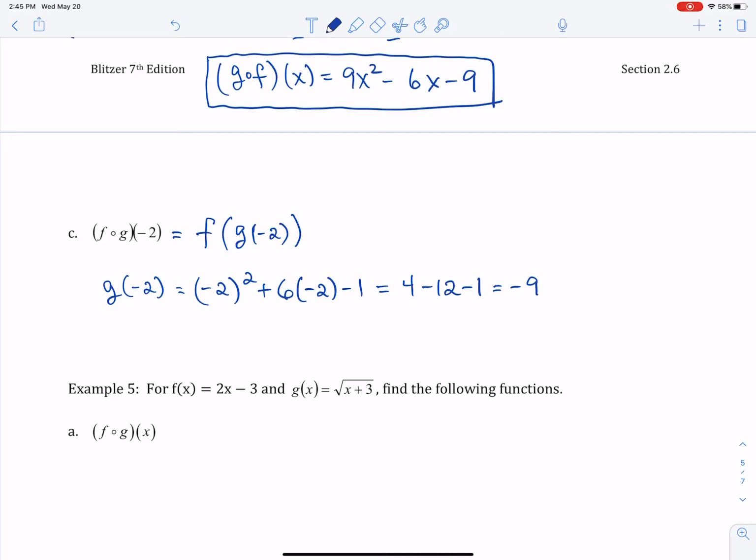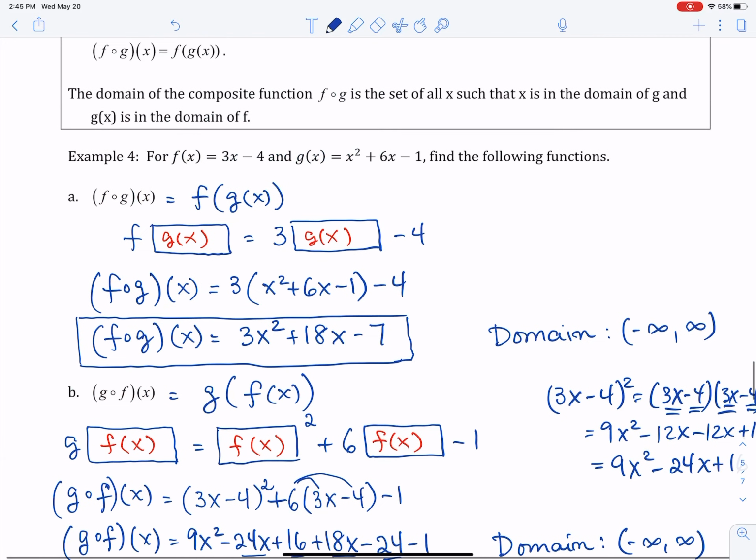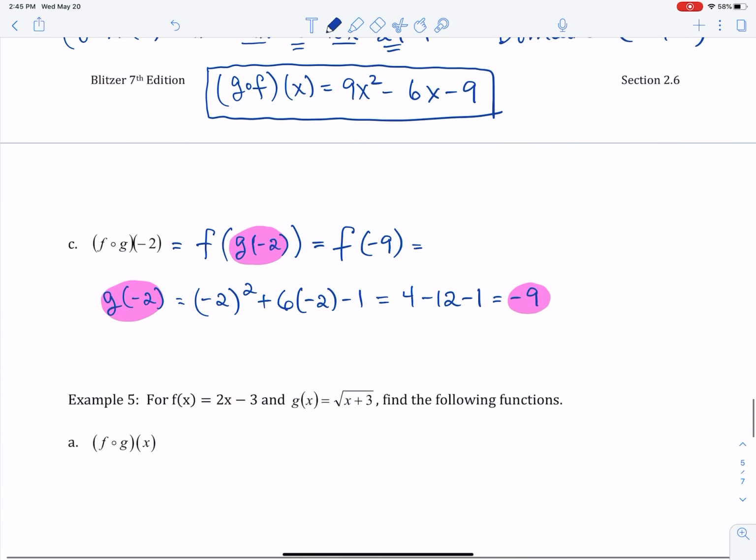So pretty much we need to replace this negative 9 at the place of g of negative 2. So we actually need to calculate what is f of negative 9. So what is f? f is 3x minus 4.